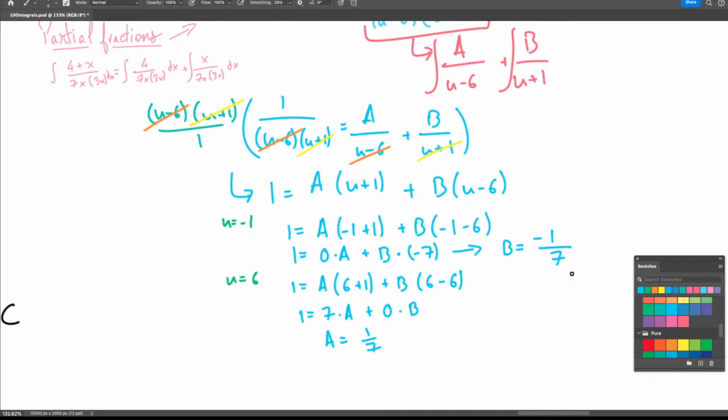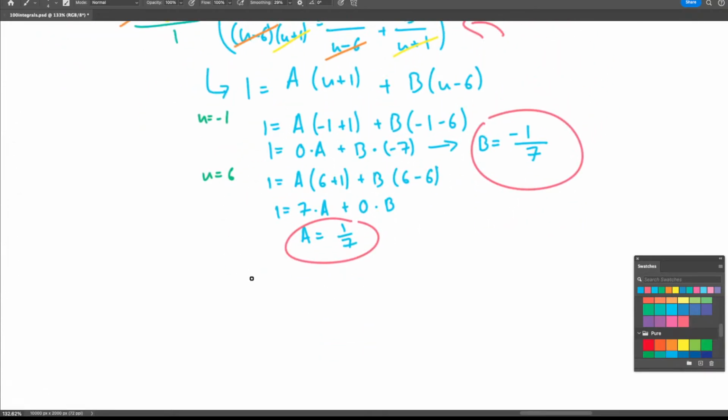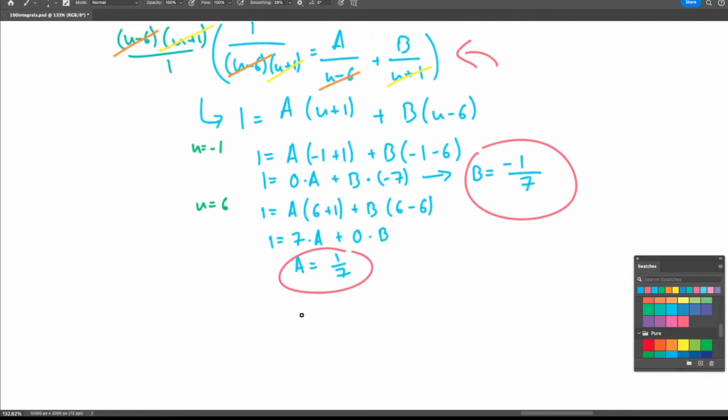Then we take this and this, plug it into that, and we get a beautiful 1 over 7 times (u minus 6) plus b, plus 1, minus 1 over 7 times (u plus 1), equals 1 over (u minus 6) times (u plus 1).